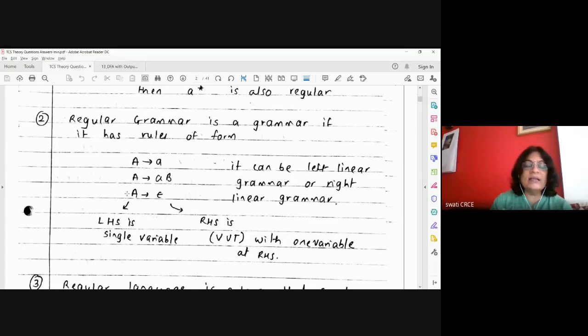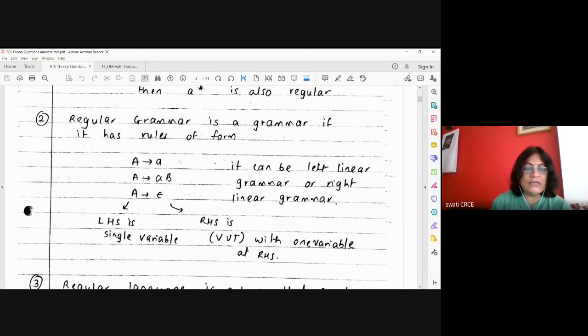You can have only a single variable on the left hand side. So every rule you write for a regular grammar has a single variable on the left hand side. And if there is a question in the mind about what is meant by a variable, you can visualize it right now as, suppose you want to draw a tree, like in data structures where you draw a binary tree or some tree.